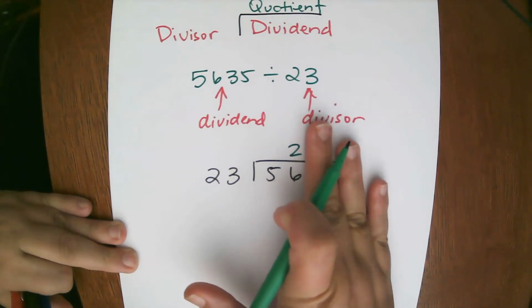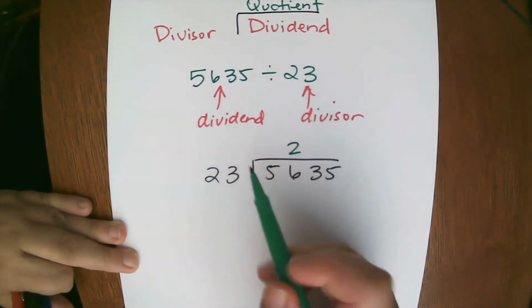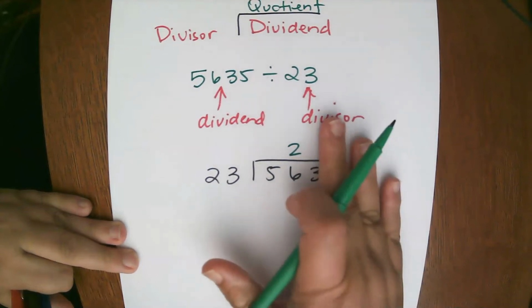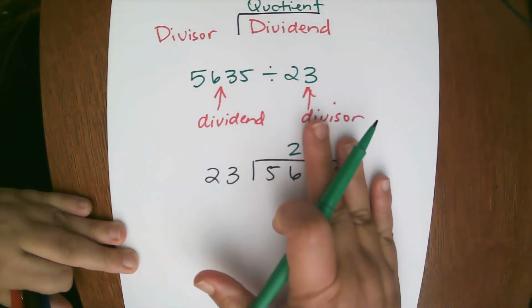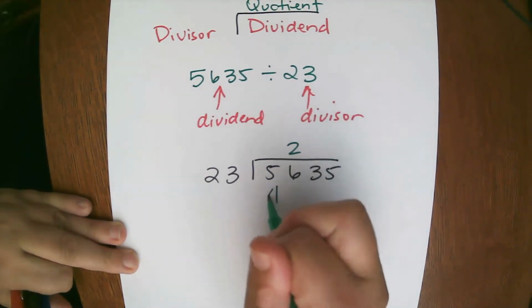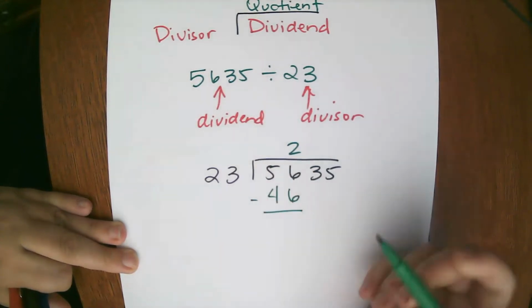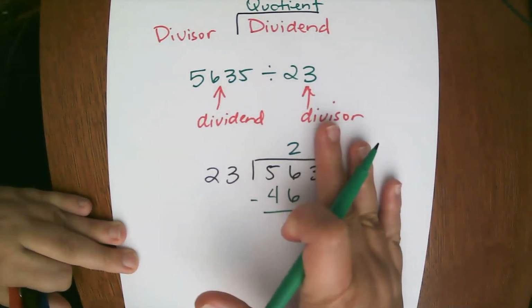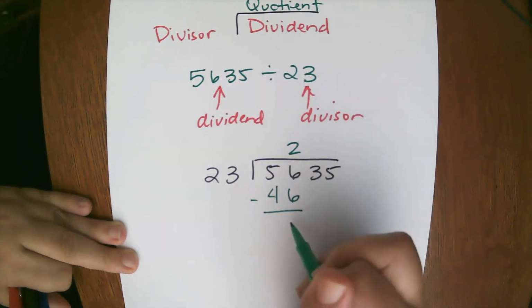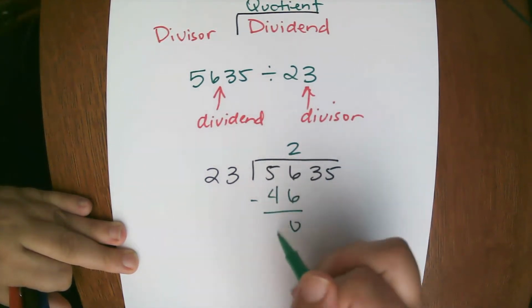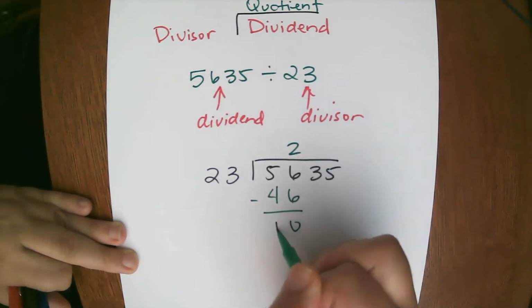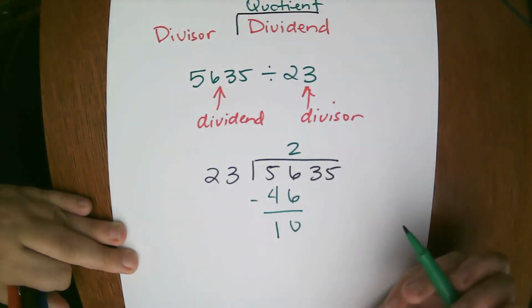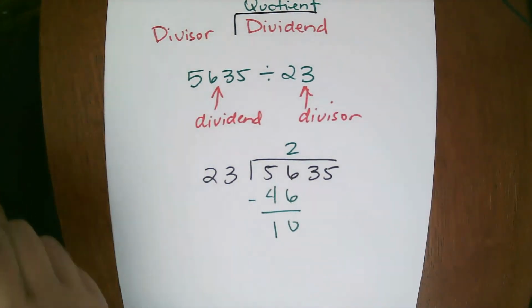There's 23 whole parts in 56. Next step we're going to do is multiply. So 23 times 2 is 46. Then we subtract. 6 minus 6 is 0. 5 minus 4 is 1. So we're just left with 10.